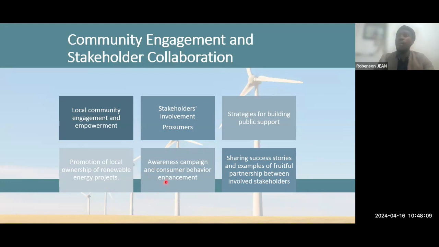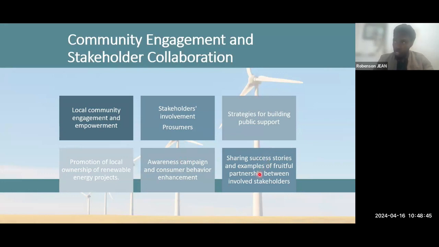And we can also go for awareness campaigns in order to invite more people to get themselves involved, invite students, and to have students in the research field and fields of studies related to sustainability, related to renewable energy integration, social and impact assessment, and the framework of renewable energy project implementation, and also sharing success stories and examples.